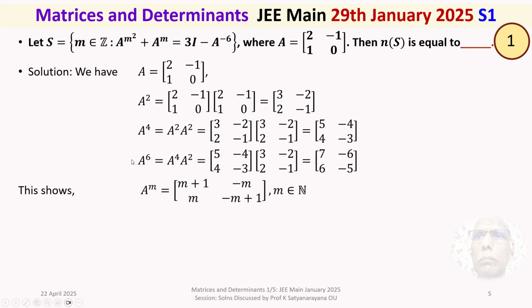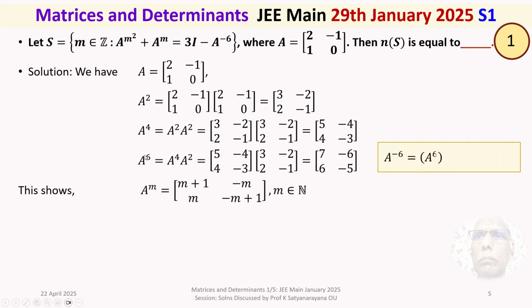Suppose you put M is equal to 6: 6 plus 1 is 7, minus 6, 6, minus 6 plus 1 is minus 5. And you can verify for all these things. If you want to prove this, you have to apply the principle of mathematical induction, and you will be losing your time.